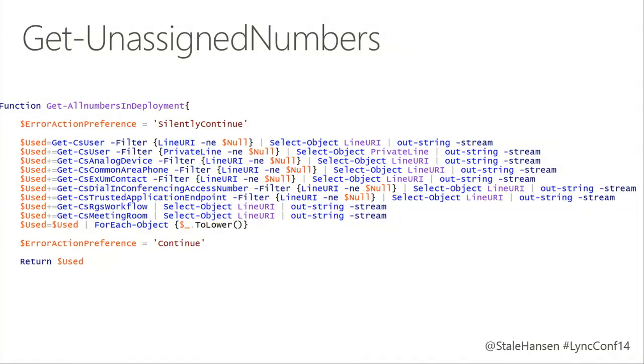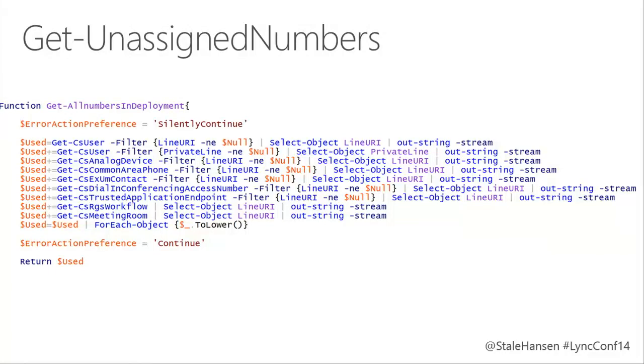The get all numbers in deployment is based on the previous slide, where you just do the get commandlets for all numbers that are in your extension with the correct filters, and also streaming that into the array.